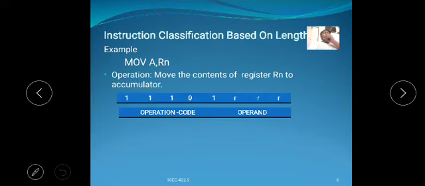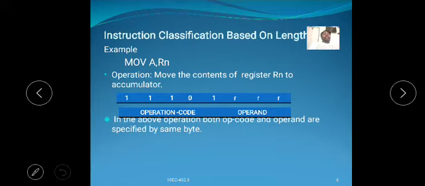Example: MOV A, Rn. In this operation, the content of register Rn is moved to the accumulator.